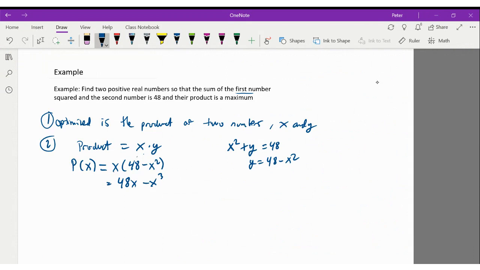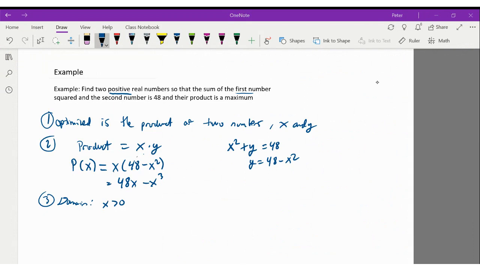I guess I want to find the domain, and you have to read that out of the problem. We want two positive real numbers, so we know that x is greater than 0, but there's actually no limit as to what x could be. You can make it anything, as long as 48 minus its square is equal to y.